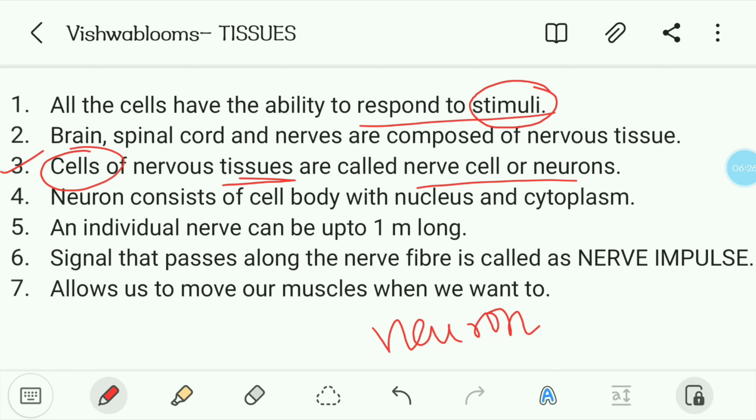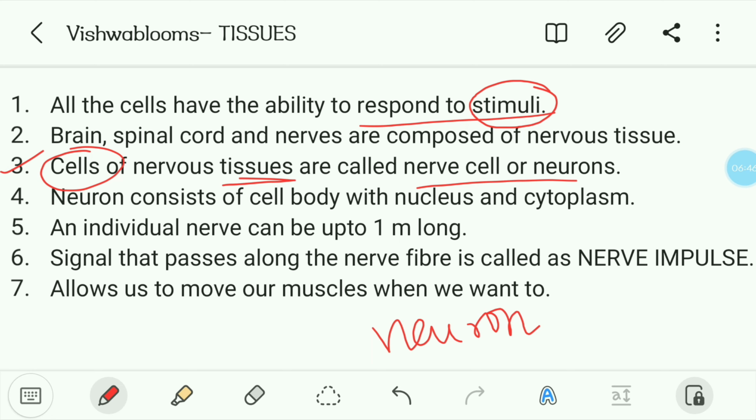Now the fourth point. A neuron consists of a cell body with nucleus and cytoplasm. I will explain the neuron with a diagram, and at that time we will discuss all the parts in detail.